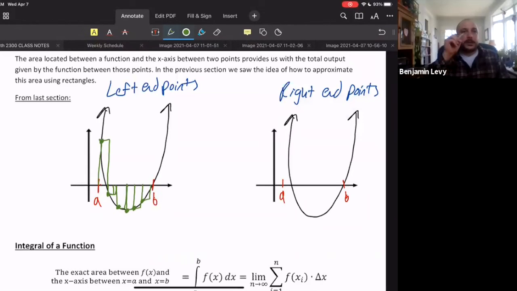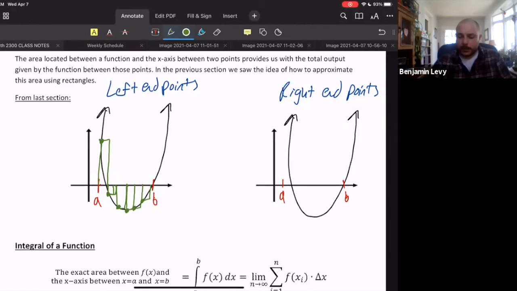Again, the dots are showing the left side of the rectangles are touching. And notice when you do that, it ends up being an overestimate in certain pieces and an underestimate in other locations. But if we use right endpoints, the opposite thing happens.